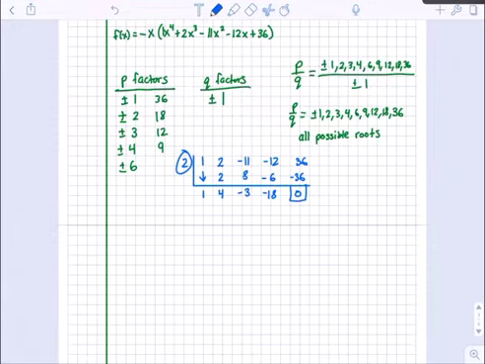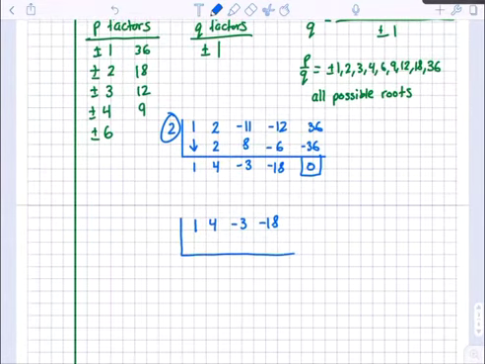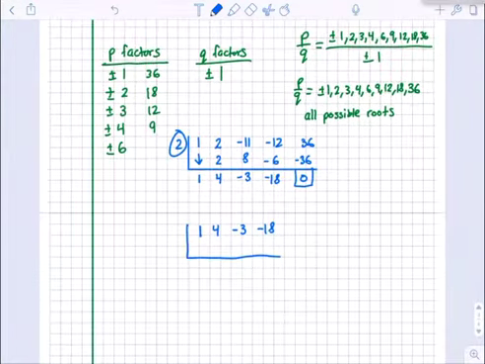Alright, so 1, 4, negative 3, and negative 18. Now we need to try to find another one. Well, we already found 2, so maybe let's try 3 then. 1, 3 times 1, 3, 7, 7 times 3, 21.